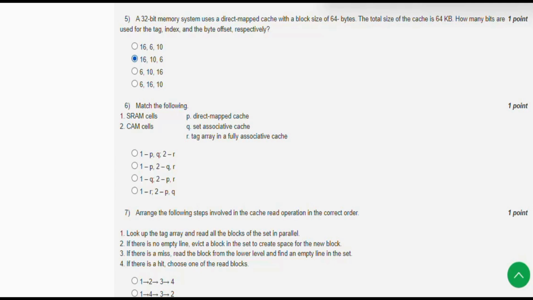Now moving to the next question, question number 6. Match the following: SRAM cells and CAM cells.